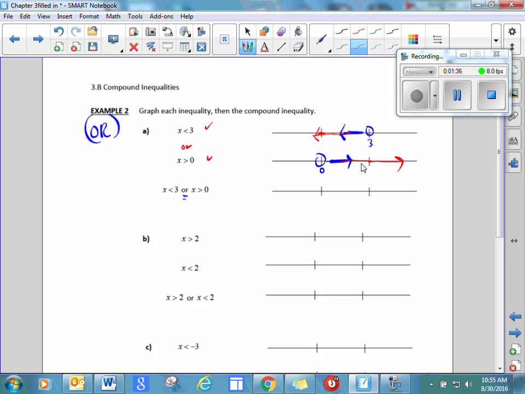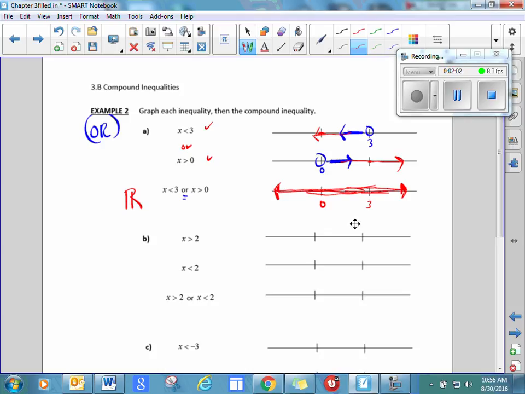So our answer is really going to be the entire number line, which includes all real numbers. I cannot draw this very well, but you guys can do a better job. So we're going to shade in all of the numbers on the number line, and the way we write that mathematically is with a funky looking backwards R that stands for all real numbers.